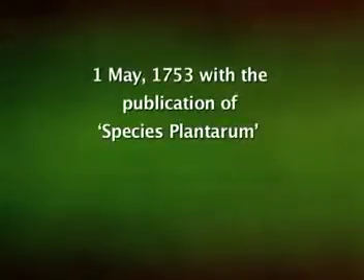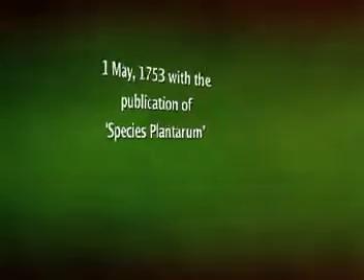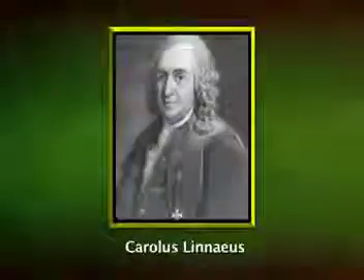The principle of priority for vascular plants starts May 1st, 1753, with the publication of Species Plantarum by Carolus Linnaeus. Names published prior to that are not considered for priority.